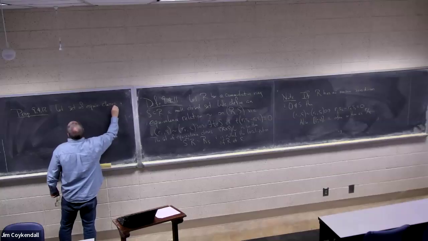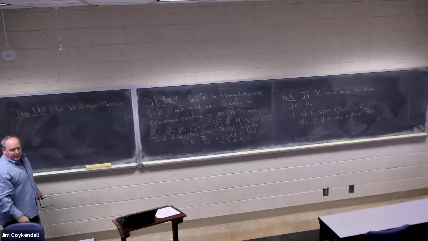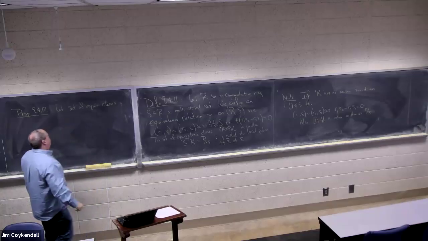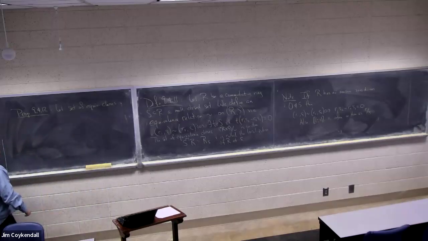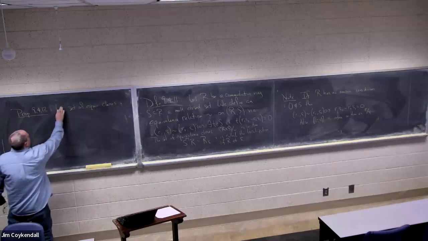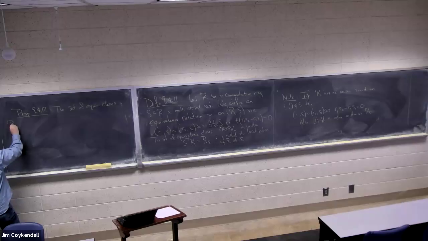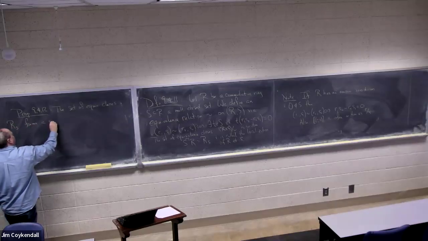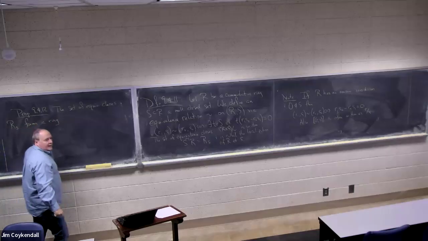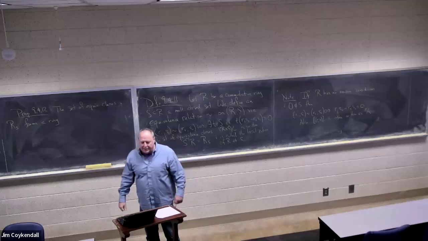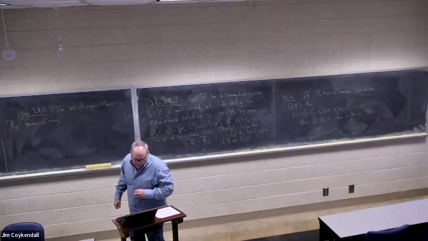Let me say at the beginning, using the notation of the previous, that R is a commutative ring, S is a multiplicative subset. The set of equivalence classes of R and S forms a ring. Now, if I'm going to tell you it forms a ring, I've got to tell you how to add things up, and I've got to tell you how to multiply.